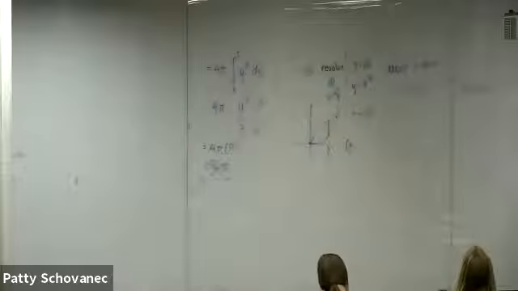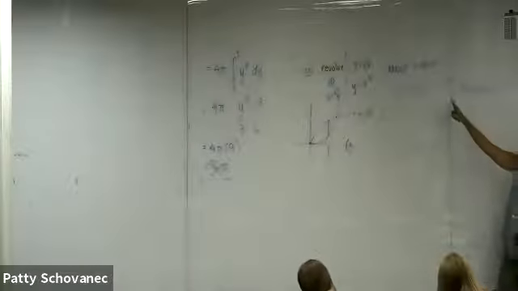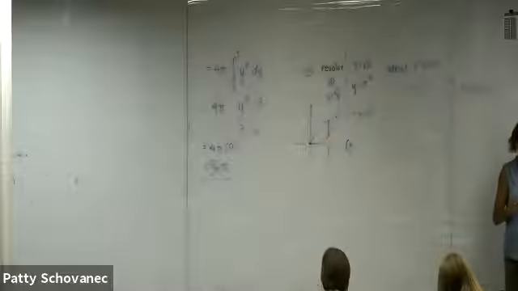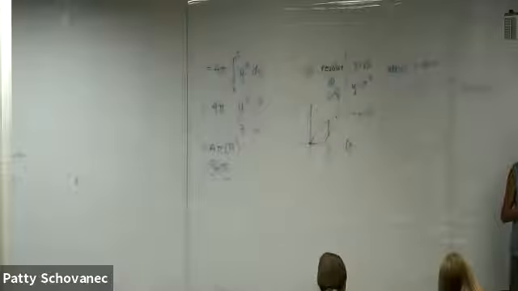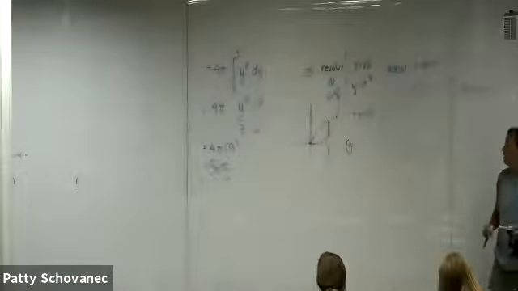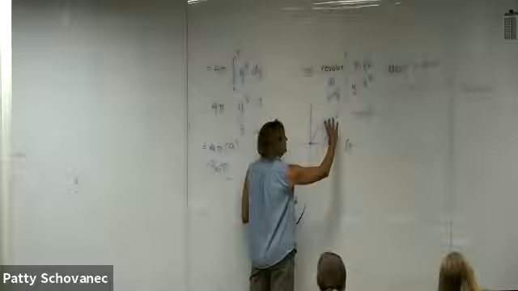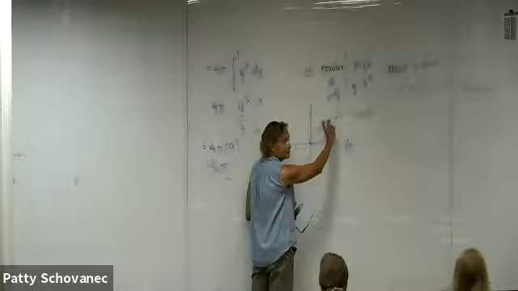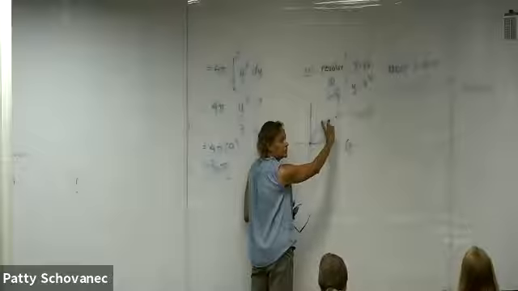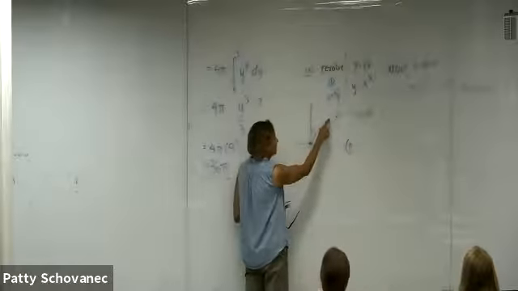My rectangles are vertical, so my thickness is a dx. All of this stuff in here are going to be functions of x. The outer radius is going to be whatever takes me to the top of the rectangle to the axis of revolution. So how long is that going to be?